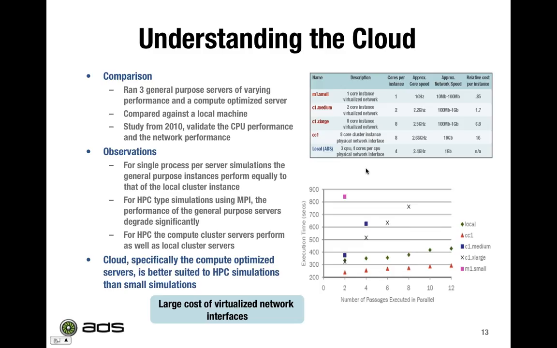Amazon's not going to tell you, so we went through an exhaustive study to try and figure that out. Again, you can look at these, but don't focus too much on the charts at this moment. I'm just going to give you an idea of what we observed when we did the analysis. When we were creating the cloud service, we wanted to do this rigorously, and we had to do a validation study of various CPU performance and network performance of these various servers. This study was commissioned back in 2010.